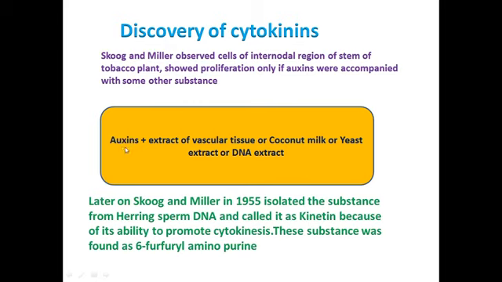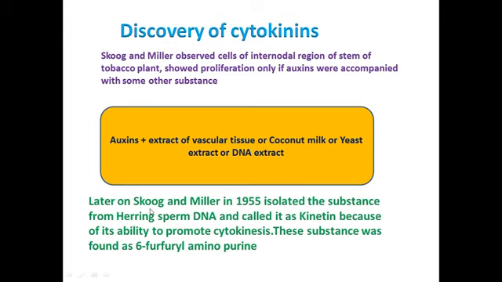They gave the plant the auxins plus the extract of the vascular tissue or coconut milk. That substance can be extract of the vascular tissue, coconut milk, yeast extract, or DNA extract.